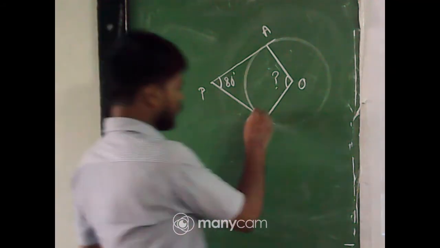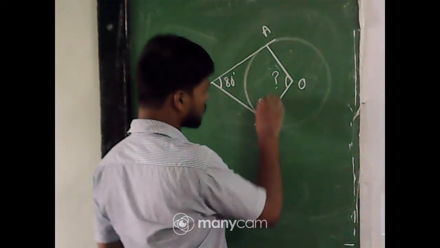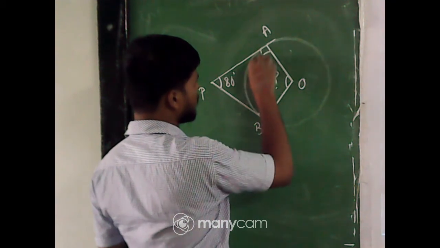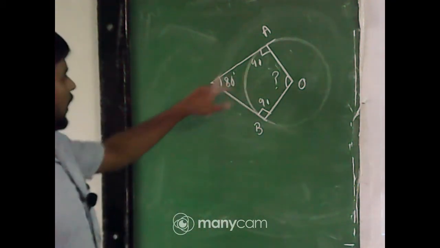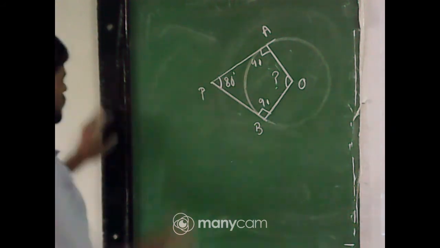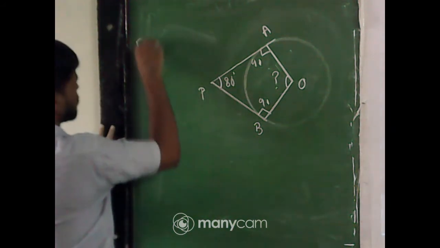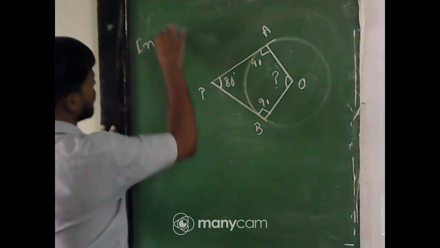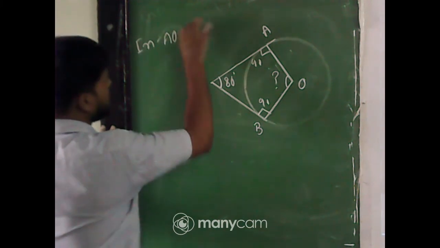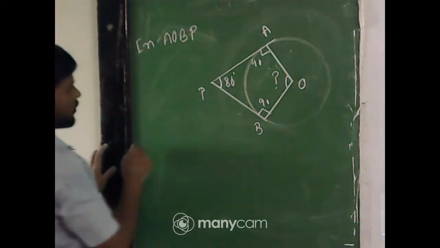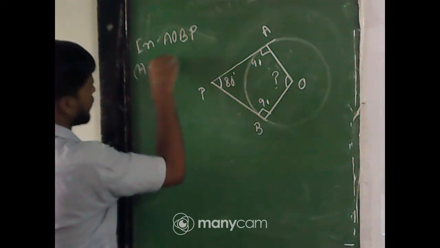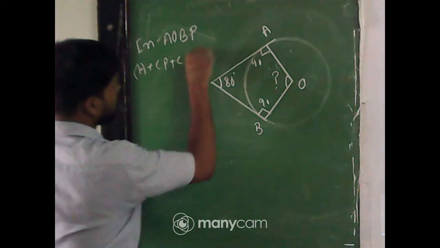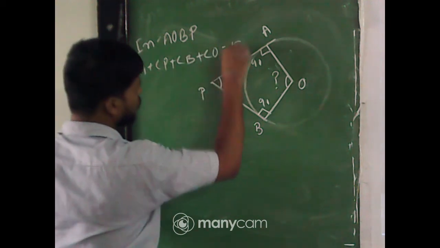Now look, we know this angle is 90 degrees, and this angle is 90 degrees. Now apply the angle sum property in the quadrilateral AOBP. We have angle A plus angle P plus angle B plus angle O equal to 360.